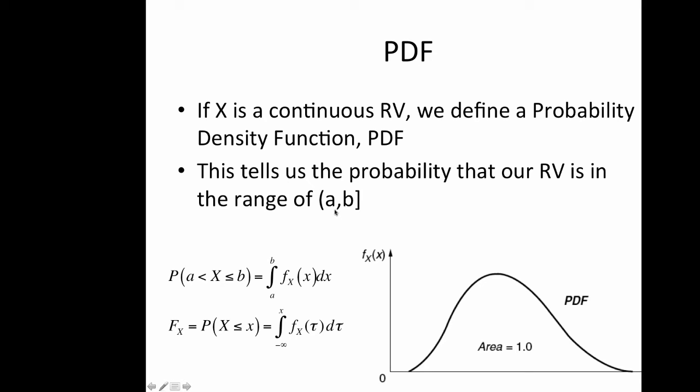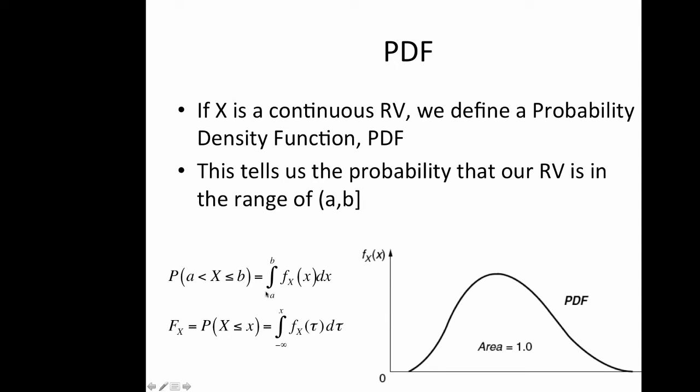So for a continuous random variable, we define a probability density function that tells us the probability that the random variable x will take on a value that is less than or equal to b but greater than a.